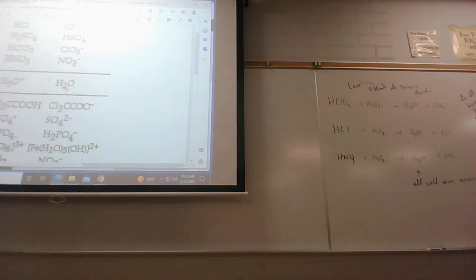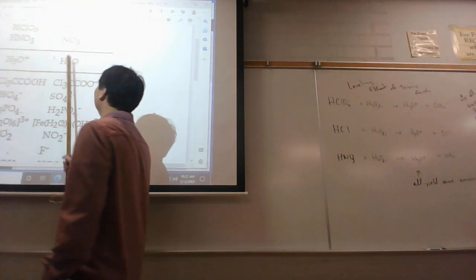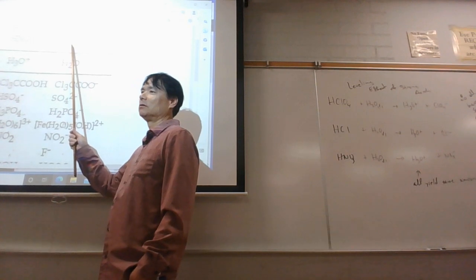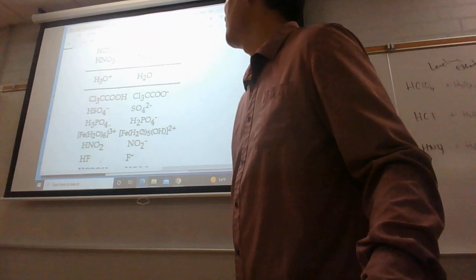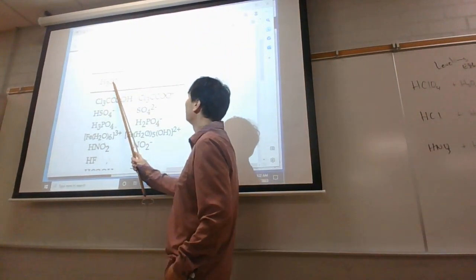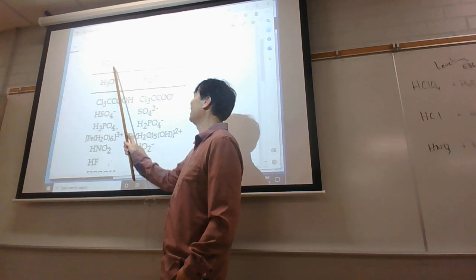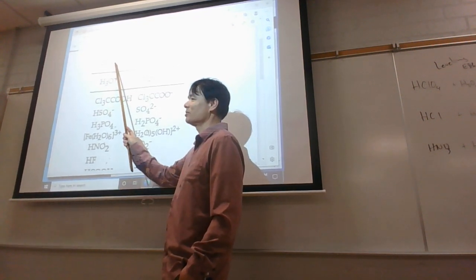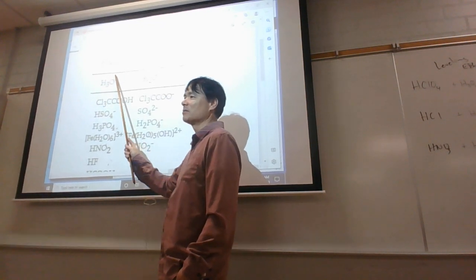So using this pattern, will hydronium react with nitrate? What do you expect? No, we don't expect hydronium to react with nitrate because what would the products be? If hydronium reacted with nitrate, it would form HNO3. And is HNO3 a weaker acid or a stronger acid? Stronger acid, so we don't expect this. We expect no reaction.